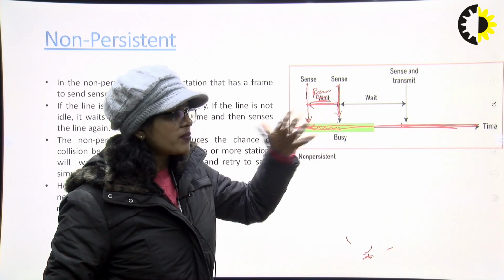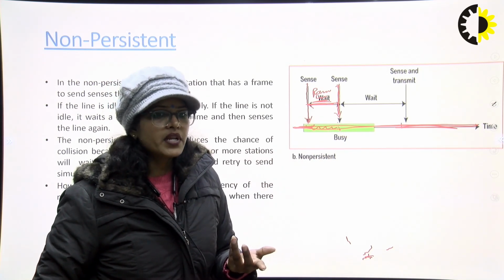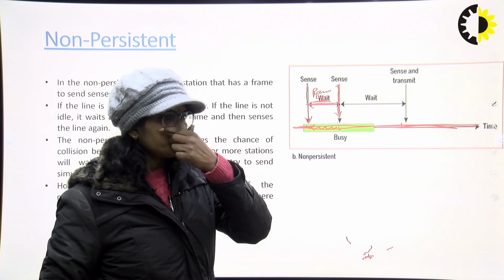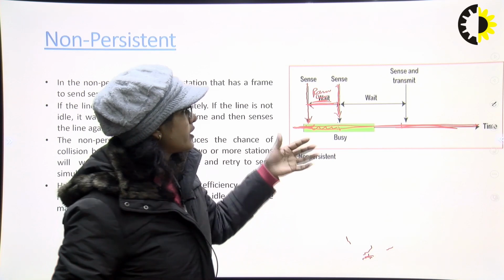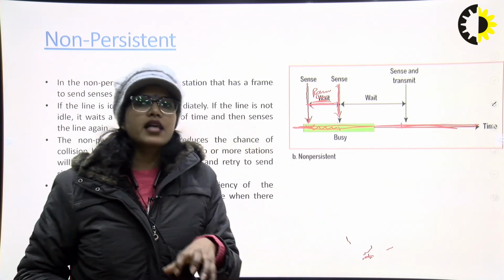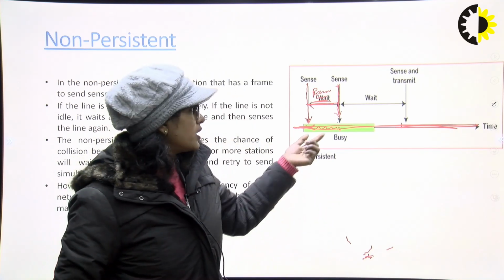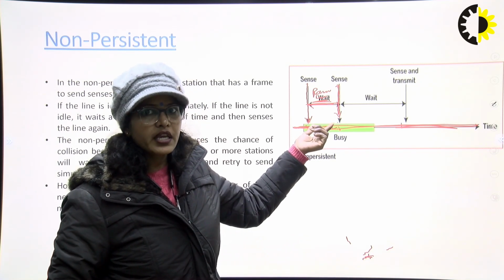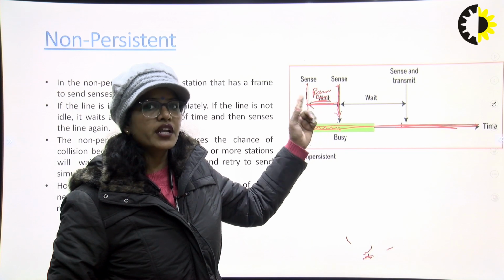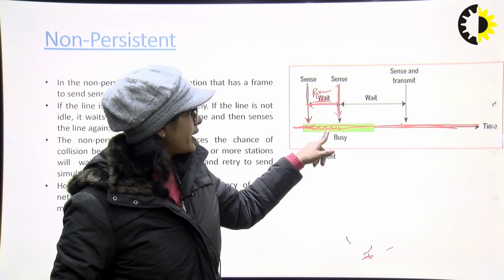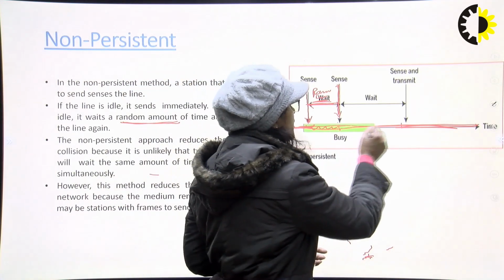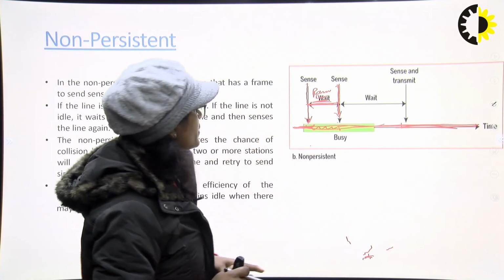Take the example of trains: if you lose the chance of taking one train, you wait for some time, and another person may take the chance with another train. This is the basic approach.